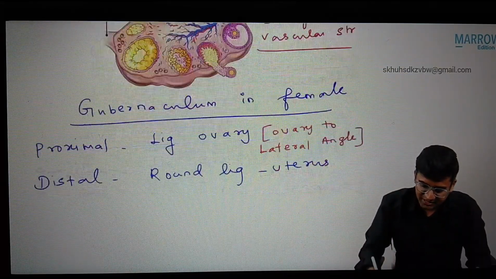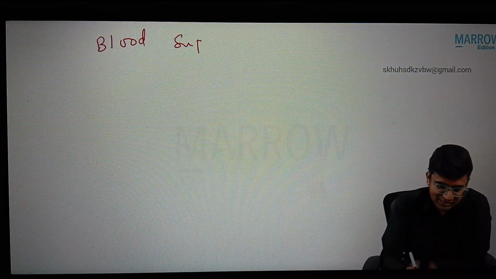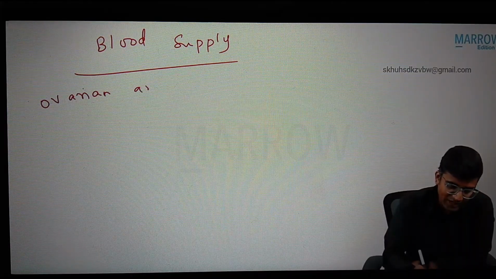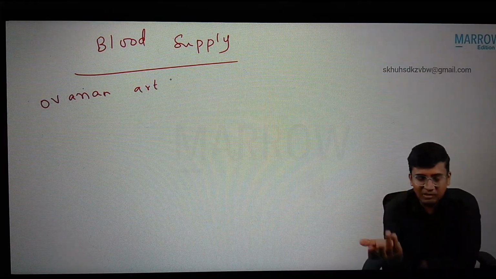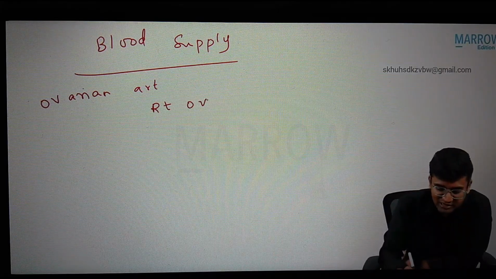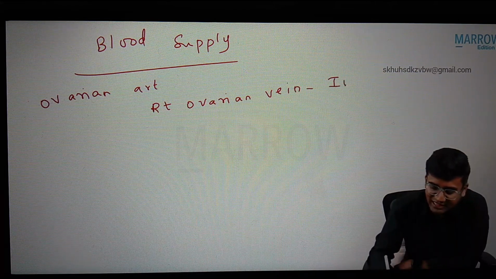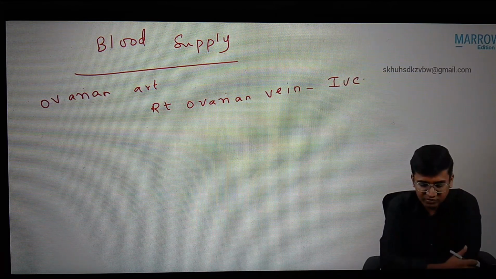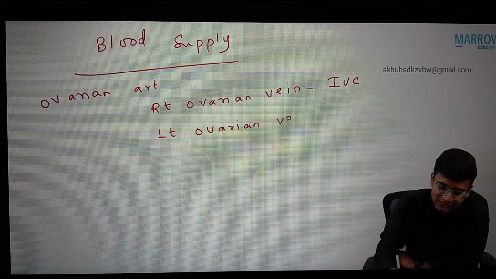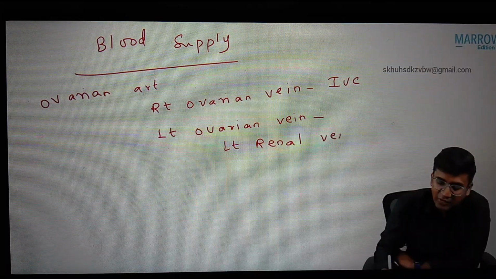Next, what about the blood supply? The ovary is supplied by the ovarian artery. Ovarian artery is a direct branch of the abdominal aorta. Now, what about the venous drainage? Venous drainage is very important. The right ovarian vein drains directly into the IVC, whereas the left ovarian vein drains into the left renal vein.